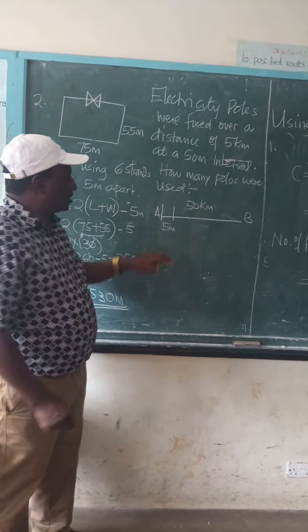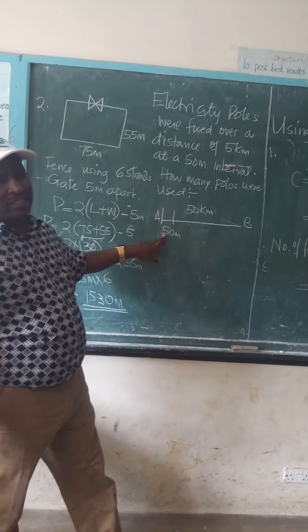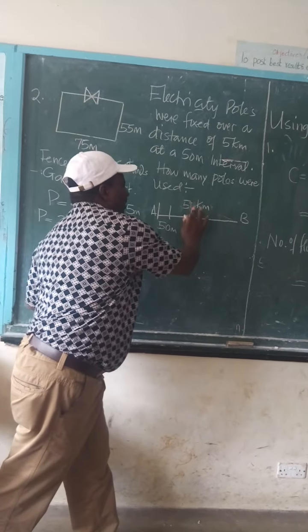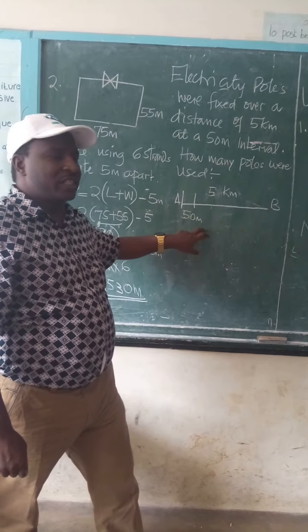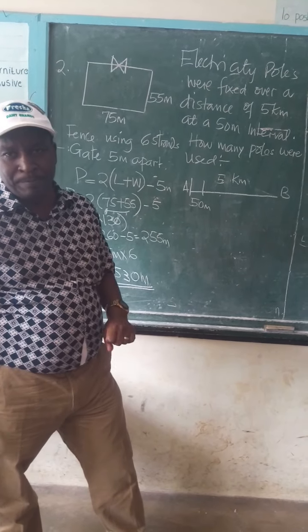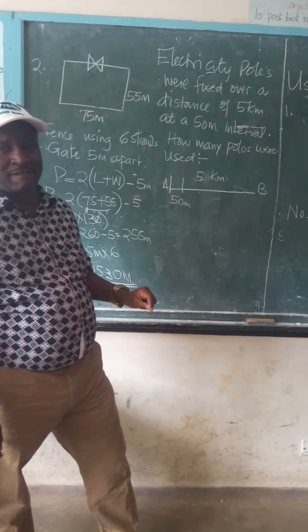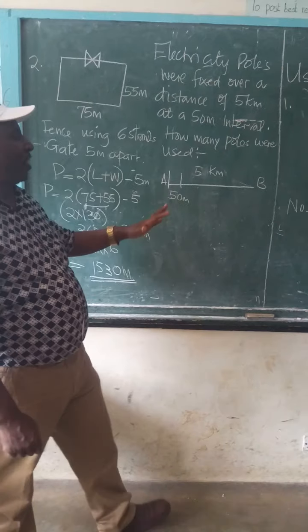Sorry, it's not 5, it's 50 meters interval, and the distance is 5 kilometers. So what is our danger here? The biggest danger is to ensure that we are working using the same units.